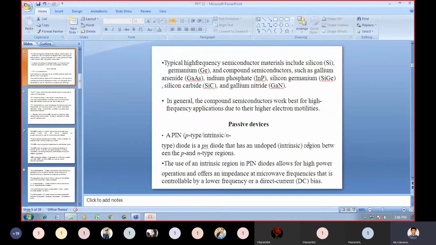Typically, high frequency semiconductor materials include silicon, germanium, and compound semiconductors, such as gallium arsenide (GaAs), indium phosphide, silicon germanium, silicon carbide, and gallium nitride.